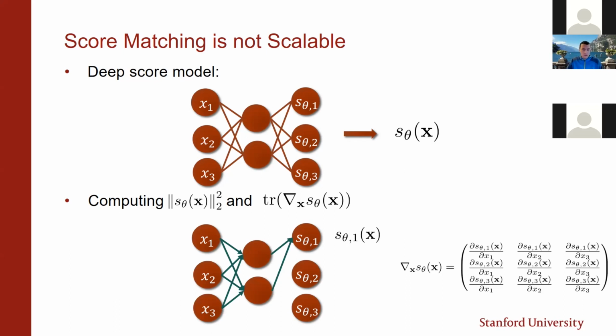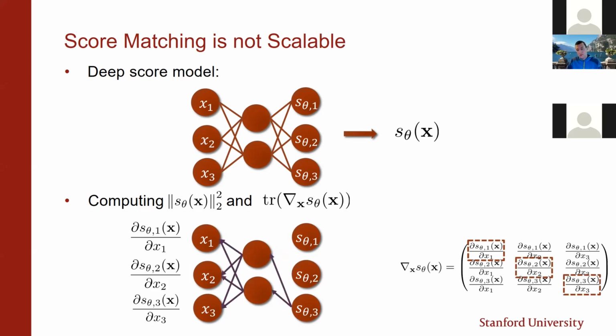In order to do that, we will need to compute the partial derivative of the first output with respect to the first input. To do that naively, you would have to evaluate one forward pass and then take one backward pass to compute the partial derivative with respect to that input. And to get the second element on the diagonal, you would have to do one forward pass and one backpropagation, and so forth.